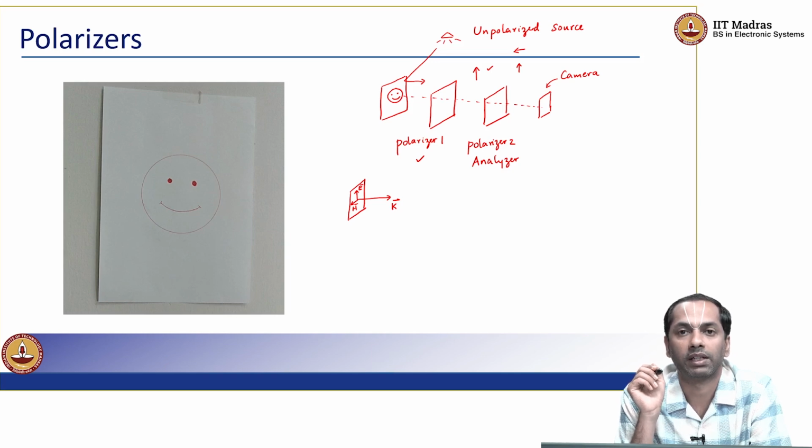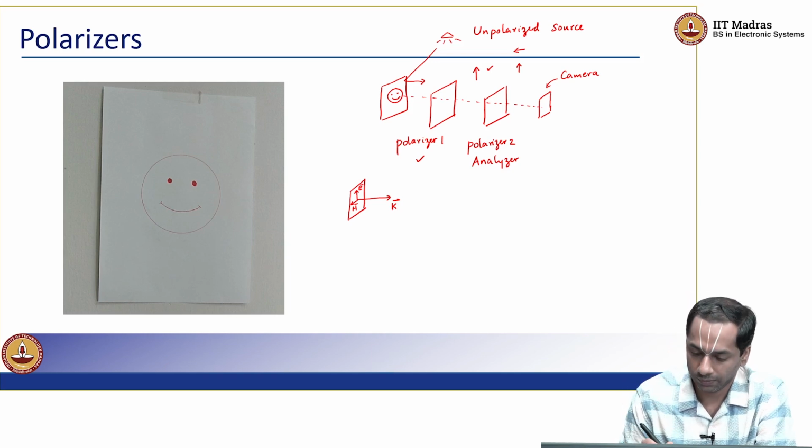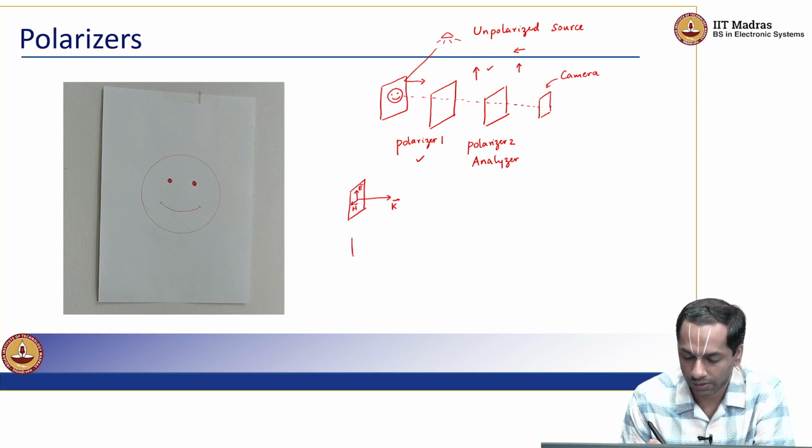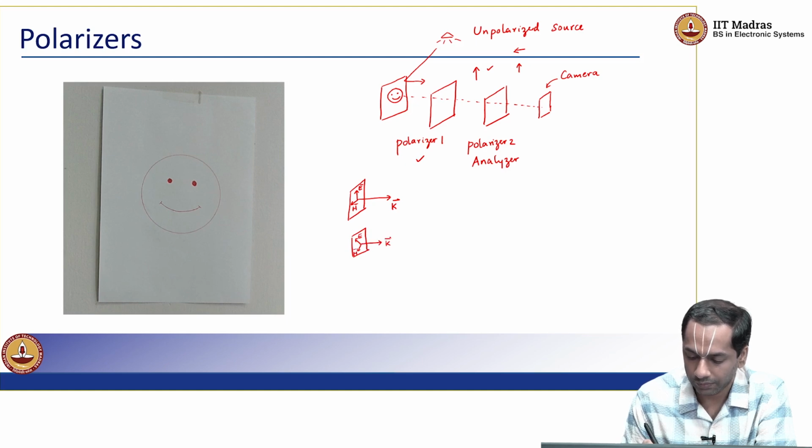Whereas, an unpolarized source you can think of is actually a collection of many such plane waves where the orientations of the electric field between individual plane waves are totally arbitrary.